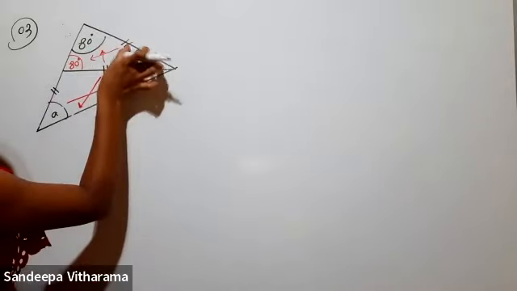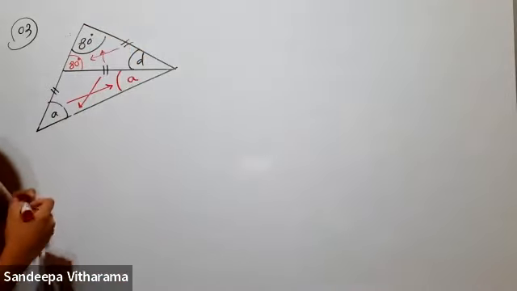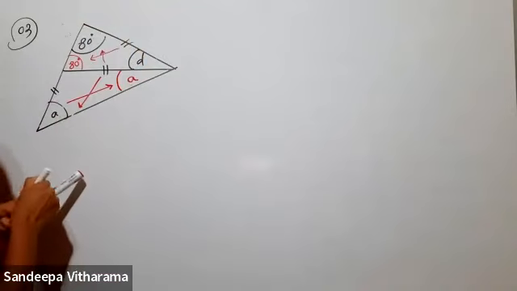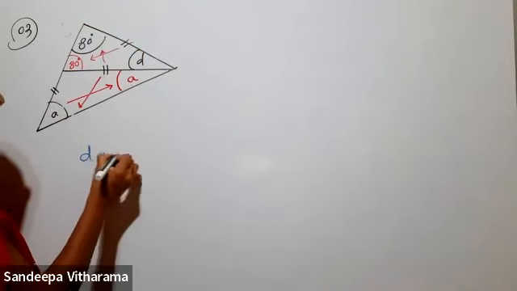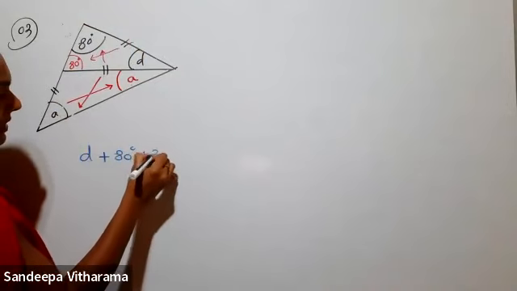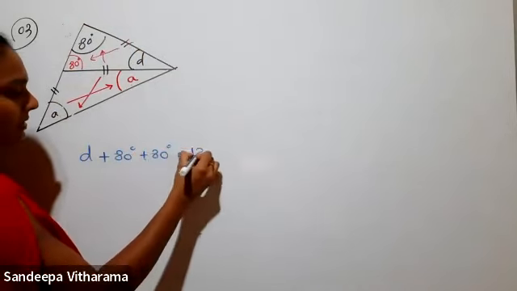When the two sides are equal, the opposite angles must be 80 degrees. Right? So we can write a relationship for the first triangle: D plus 80 plus 80 equals 180.